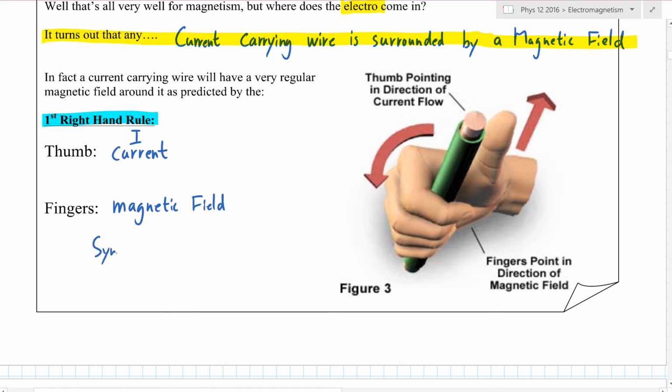The symbol for magnetic field is B. We cannot use M because M is also used for mass, and then we would get really confused. For electric field, we could use E because it was available, but for magnetic field, unfortunately, the symbol is B. So sometimes we even call it the B field.